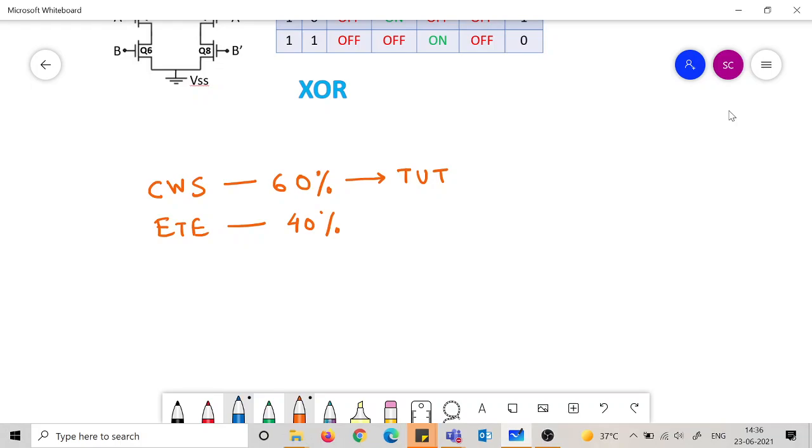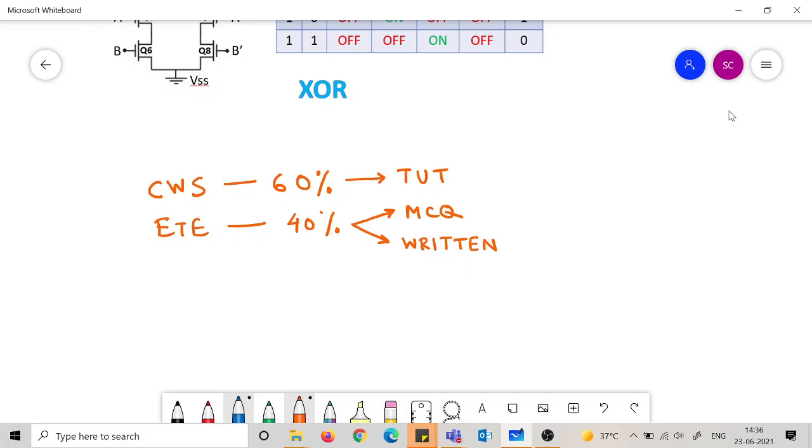And the end term examination will comprise 2 parts. One will be an MCQ type of quiz, and another will be a written examination. The written examination will be almost like tutorial submission, but it will be time bounded.